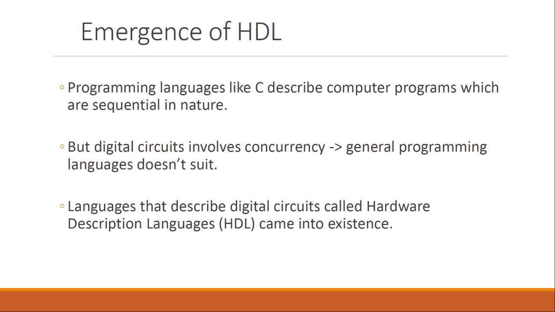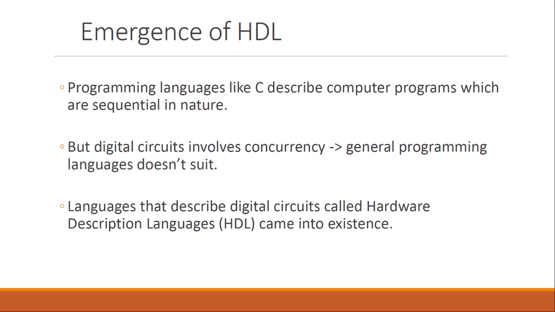So it generally is not designed to perform parallel operations. But if you consider digital circuits or any circuit, they involve a lot of concurrency because physical things in nature happen concurrently or parallelly.